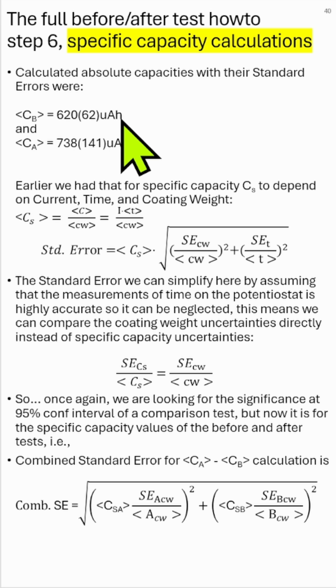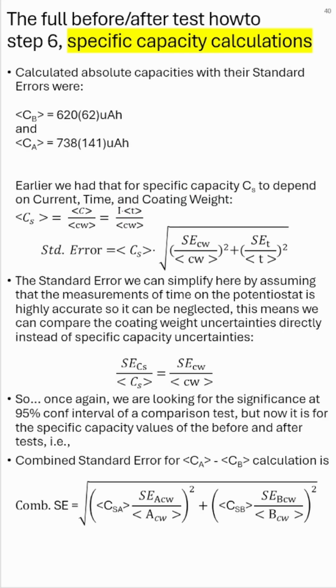That is per coin, so to say. I mean, the absolute capacity of the actual coin, mean value. And the modified electrode set, we get the mean value capacity to be 738 with standard error 141 microampere hours.